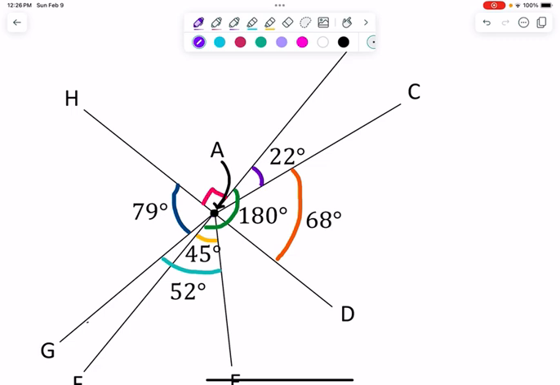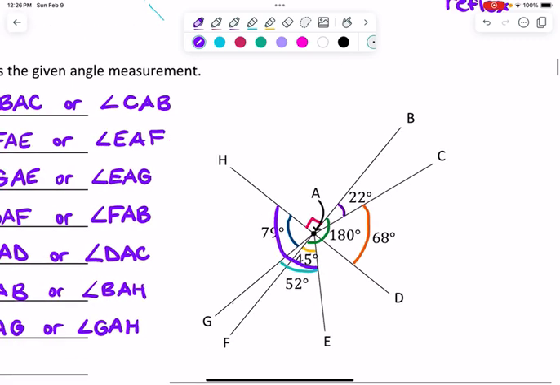I'm trying to find some things that add to 131. What if I talked about the 90 and the 22 all combined in one big angle? Nope, 90 and 22 don't add to 131. What if I went 79 and the 52? Okay, well, 9 and 2 do make a number that ends in 1. And I think we found it.